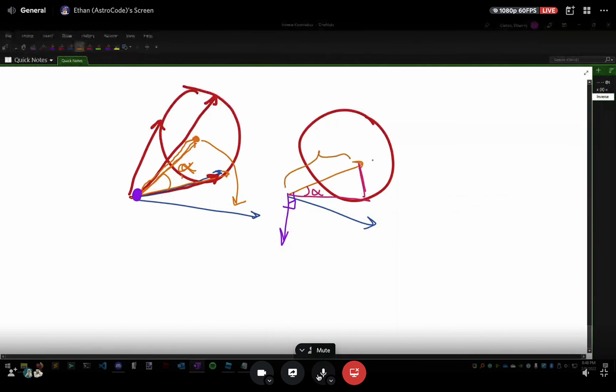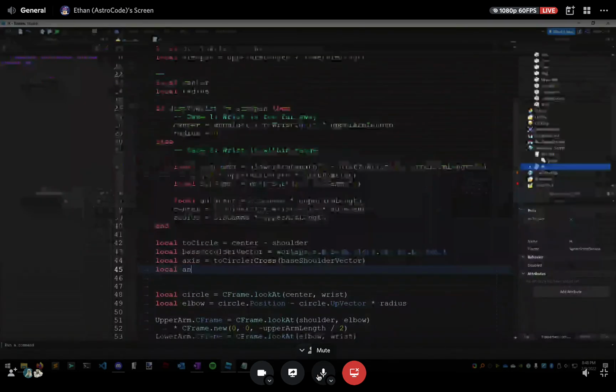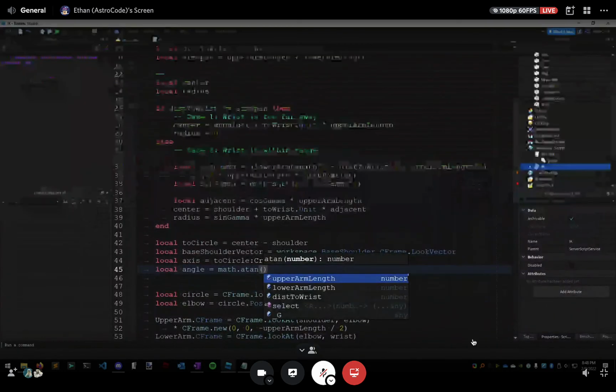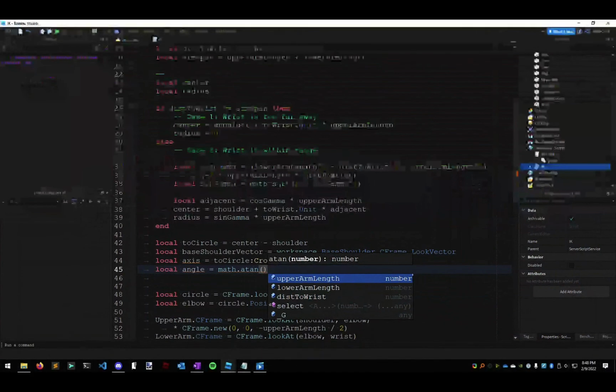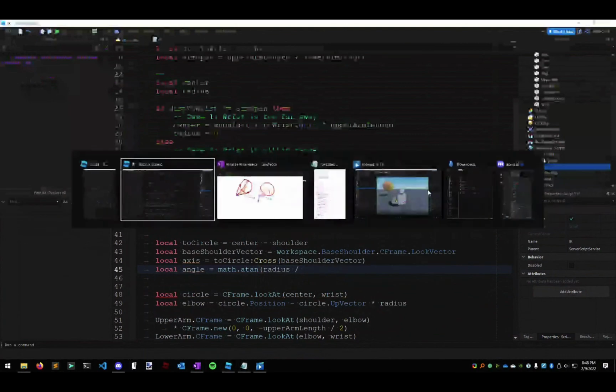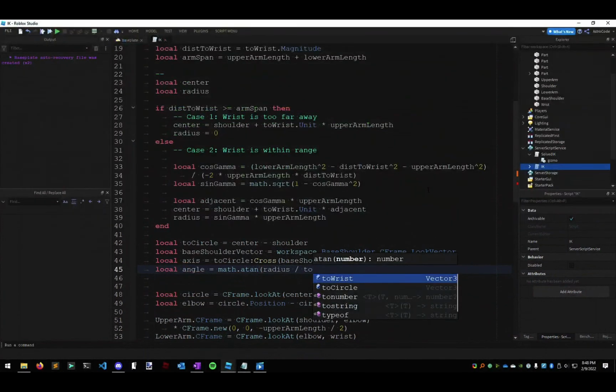We have that length, and then we also have this radius length. So the angle is just going to be an arctangent. Is that right? No, it's the length to the circle.